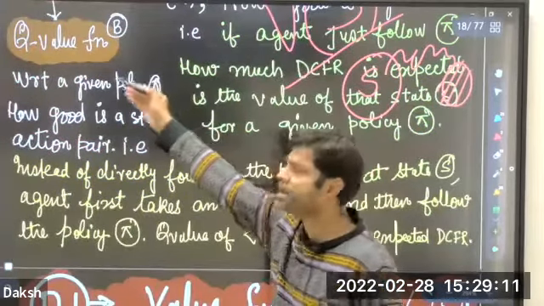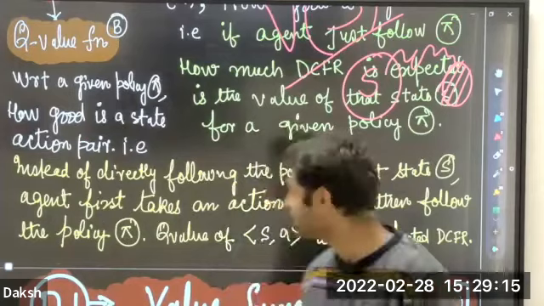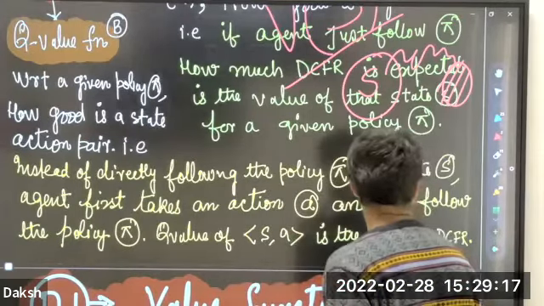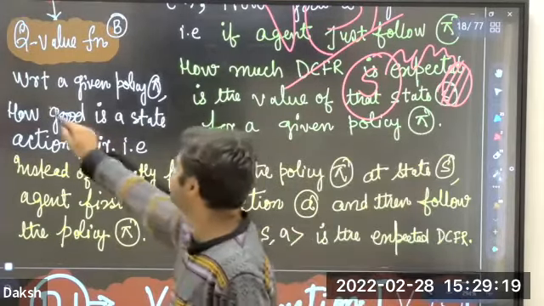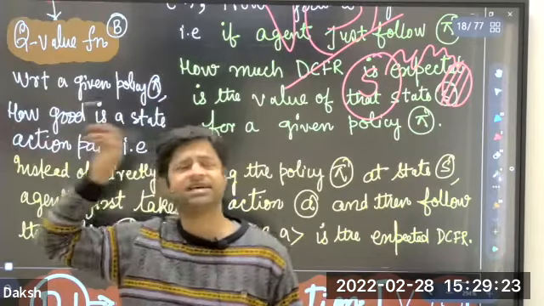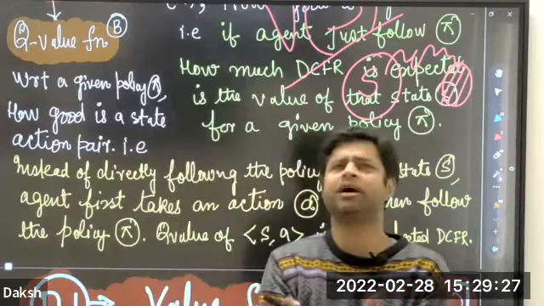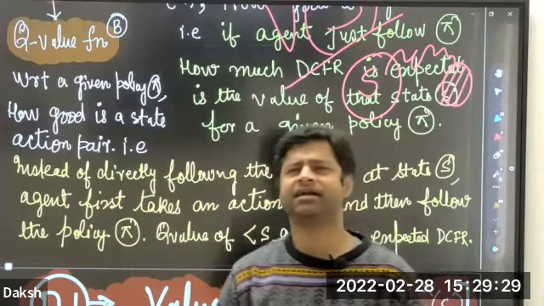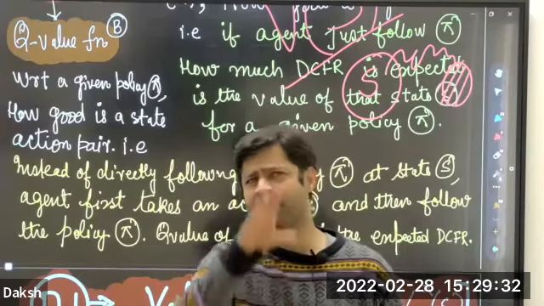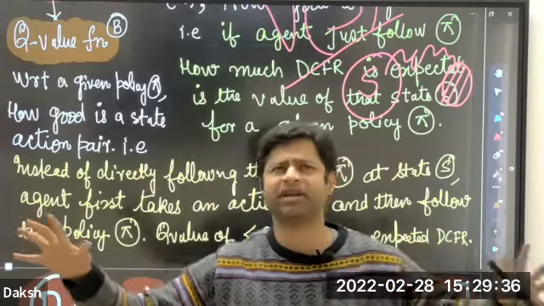What is the Q value? That's the quality of an action. What does that mean? With respect to a given policy, both of these things come after you choose your policy. At some point I asked Sujit, I have shown pi 1 and pi 2, which one is better?